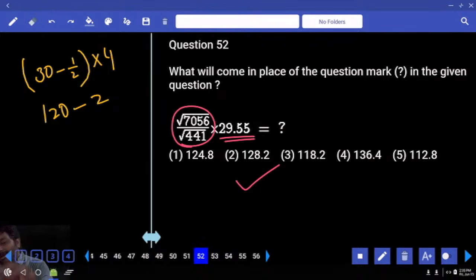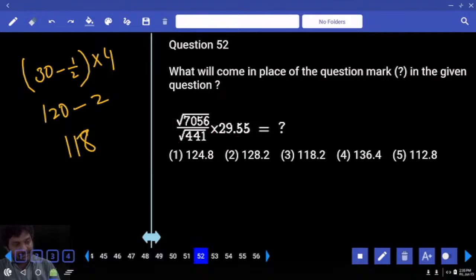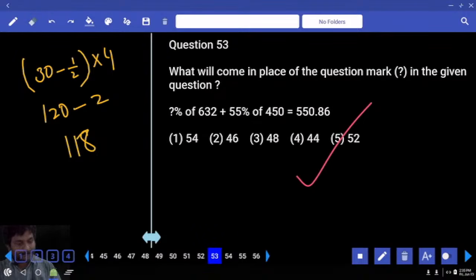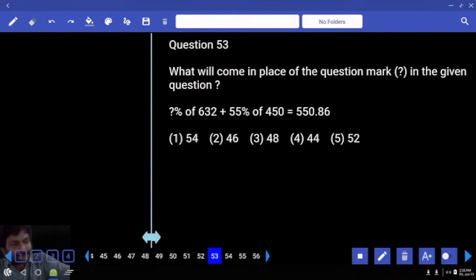Sorry, my mistake. 120 minus 2, who said 128? 118. Third option is the answer. Approximate. Yes. Done.